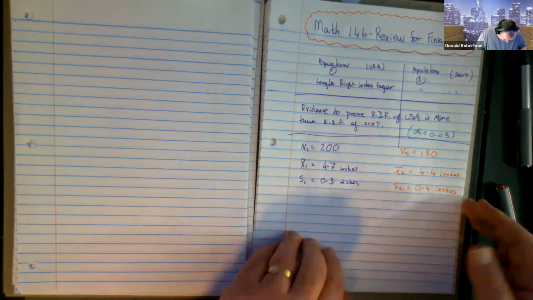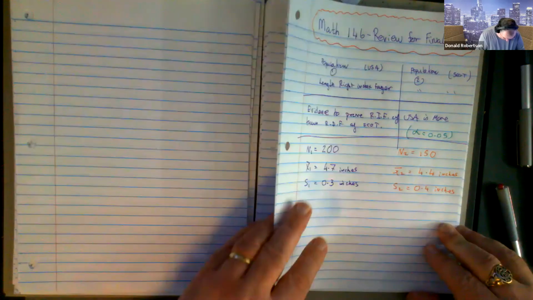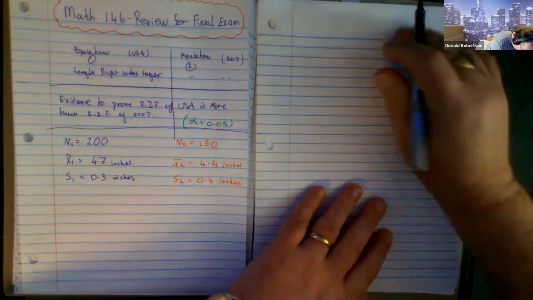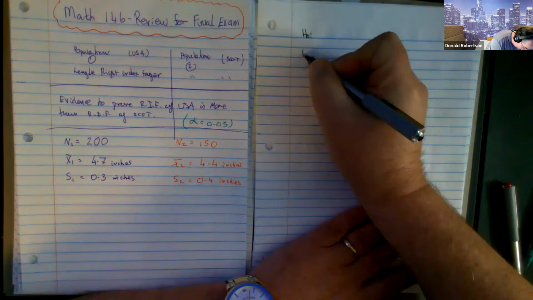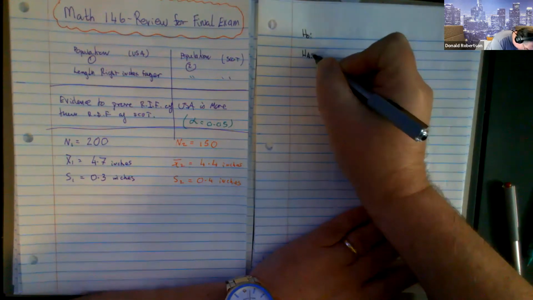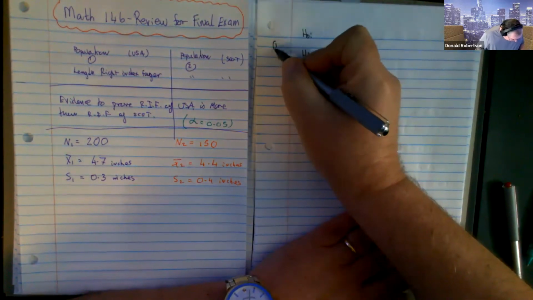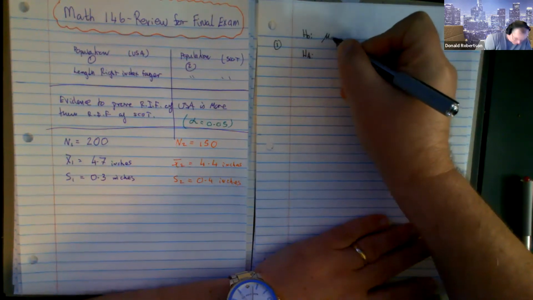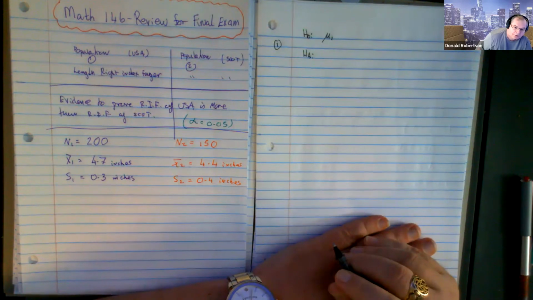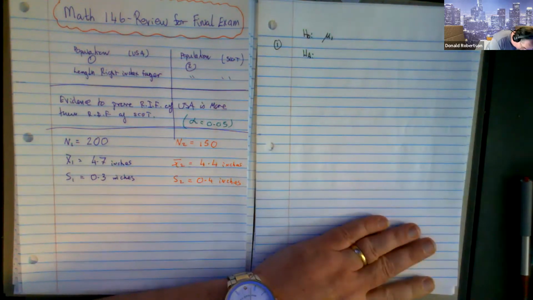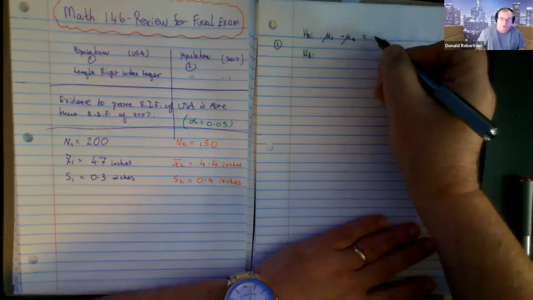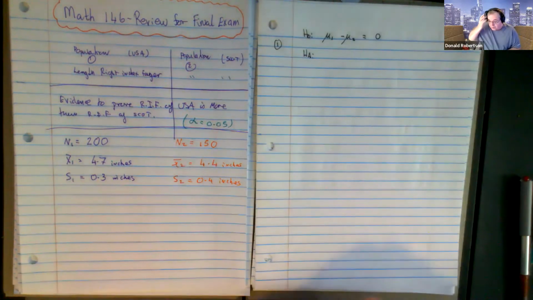So the way the hypothesis test works is that you go through a procedure. The first thing you do is state the null and the alternate hypothesis formally. In this case, the population mean of Americans, mu1, take away the population mean of the Scotsmen, mu2, is 0. That is always going to be your null hypothesis.